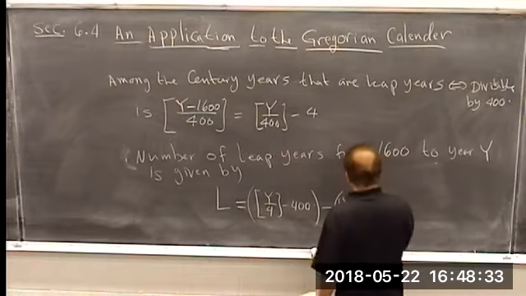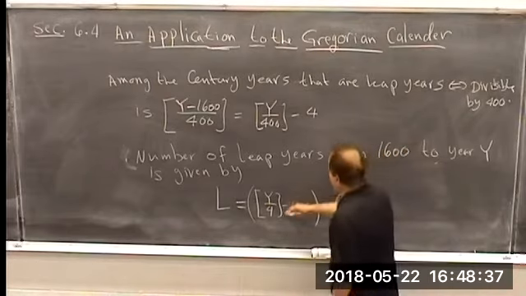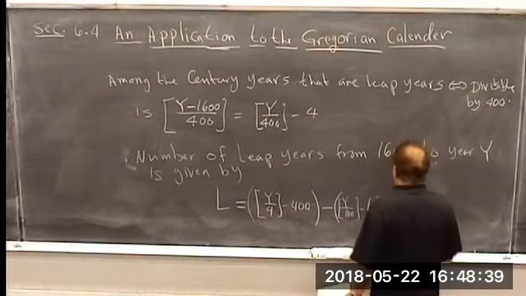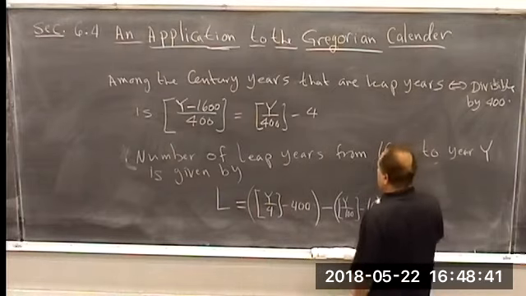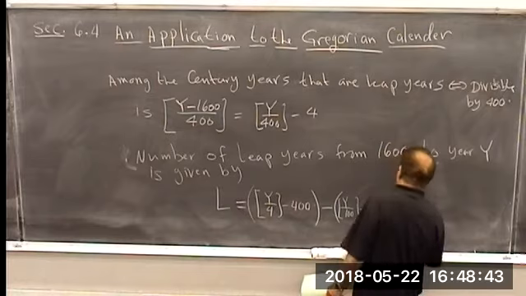So these are the century years. We have to take them out, but this includes all the years. So we're going to take the century years, and then we're going to add the leap century years, which is y over 400 minus 4.